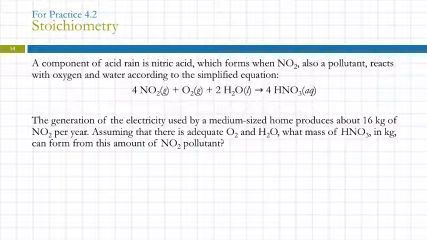So I've got all these words. There's actually only one number, 16 kilograms, right? So that must be important. 16 kilograms of NO2. So I'm going to write that here, 16 kilograms of NO2.